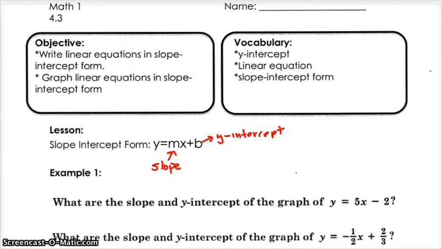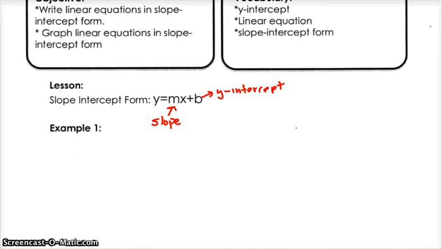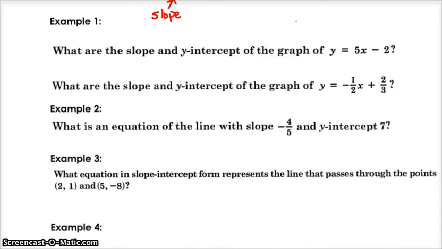So, let's look at a couple equations and identify the slope and the y-intercept. So in example number 1, we are just identifying the slope and the y-intercept of the given equation. So here, my slope is the number that's with x, that's 5, and my y-intercept is the constant at the end, and that's negative 2.